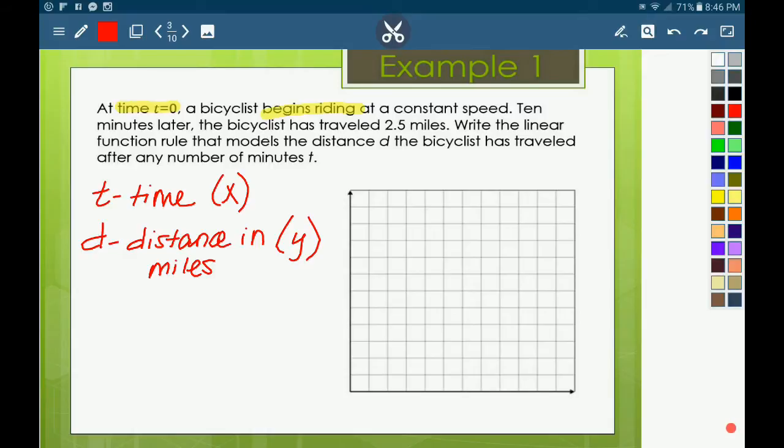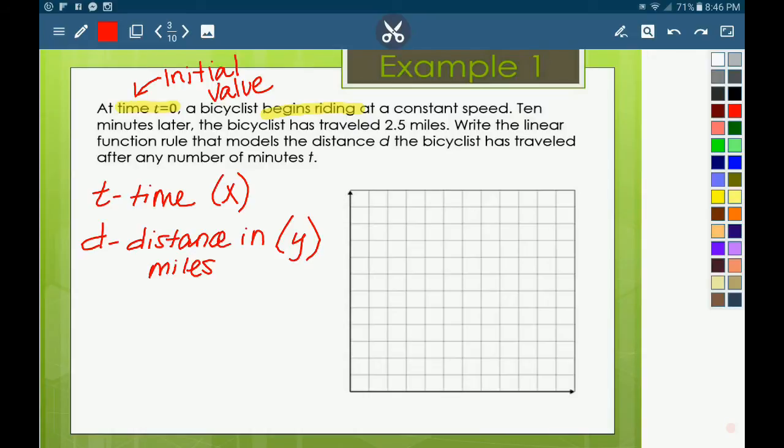So when they say at time t equals 0, they're saying when x, or when the input, is 0. That should be indicating to you an initial value. Remember, initial value, or y-intercept, is when x is equal to 0, or when the input is equal to 0. So here, since t is being like x, whenever that is 0, it's indicating the initial value.